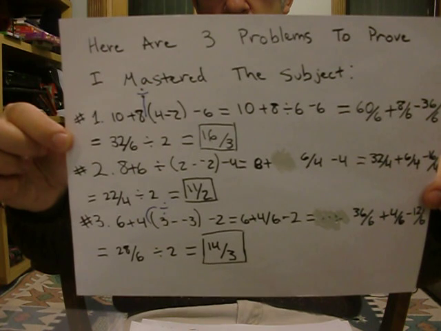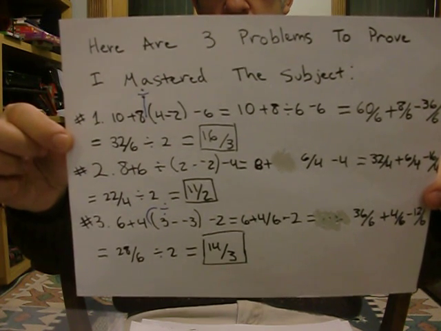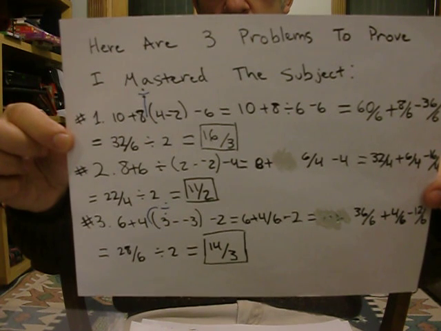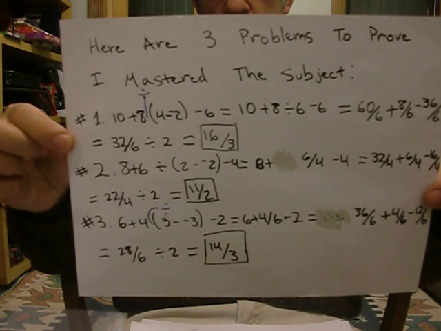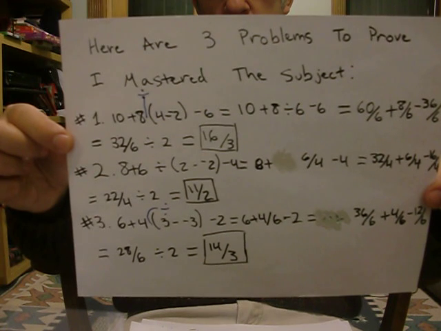Number 3. 6 plus 4 divided by, open parentheses, 3 minus negative 3, close parentheses, minus 2, which equals 6 plus 4 over 6 minus 2. Find the common denominator, which is 6.